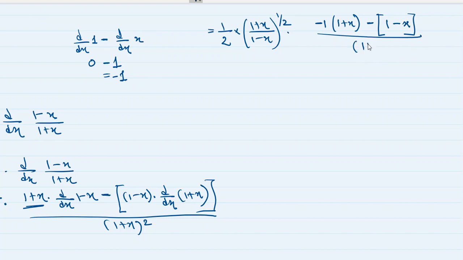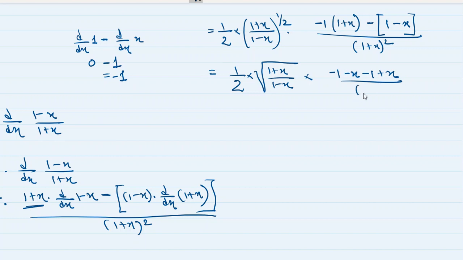I will just keep it 1 plus x the whole square for a moment. Okay, so this will be 1 by 2 multiplied by under root of 1 plus x upon 1 minus x multiplied by, this will become minus 1 minus x minus 1 plus x, the whole upon 1 plus x the whole square. Okay, plus x minus x will cut, minus 1 will become minus 2.